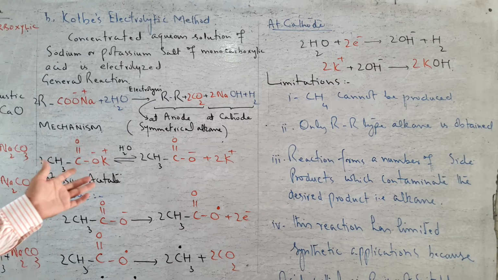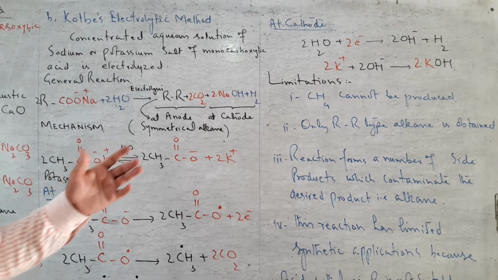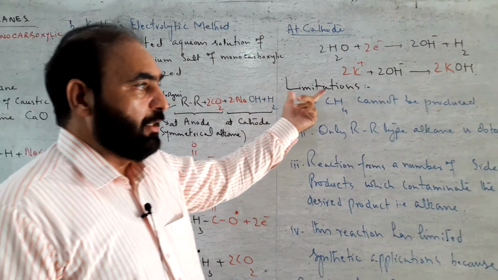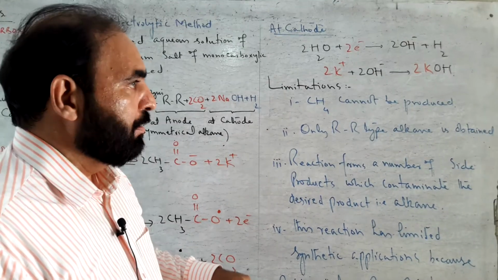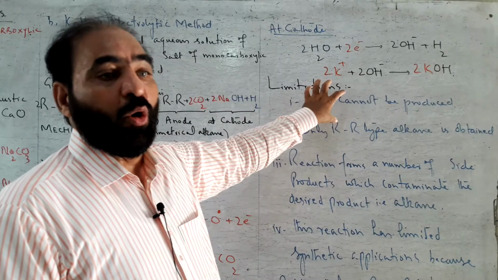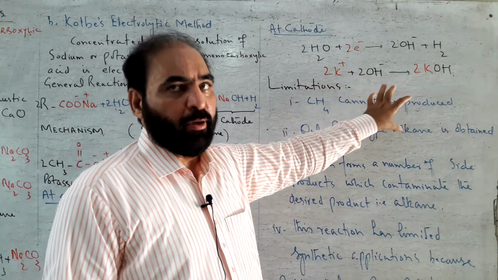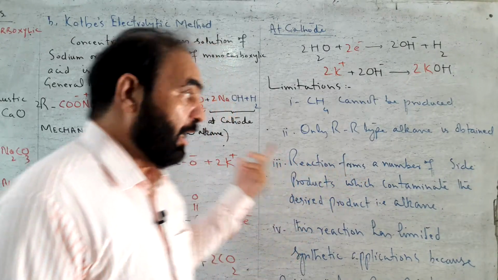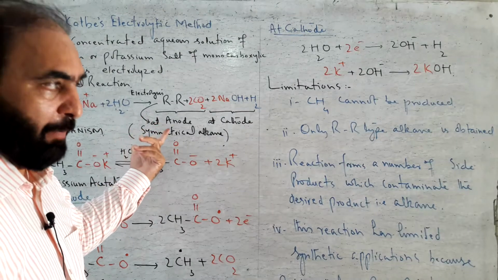Our main product, which is alkane, is produced at the anode. So this method, Kolbe's electrolytic method, has certain limitations. The first limitation is that CH4 methane cannot be produced by this method because R-R type alkane is the main product.